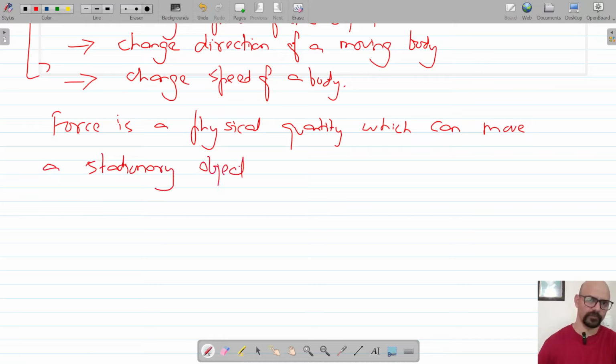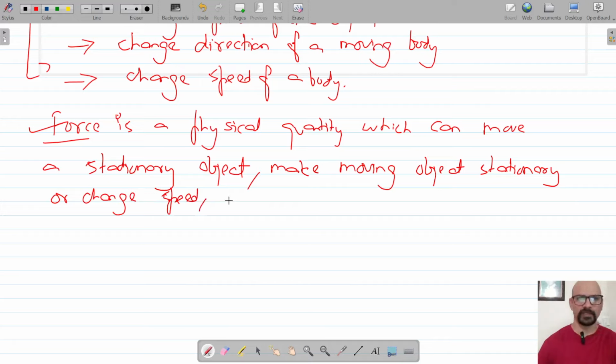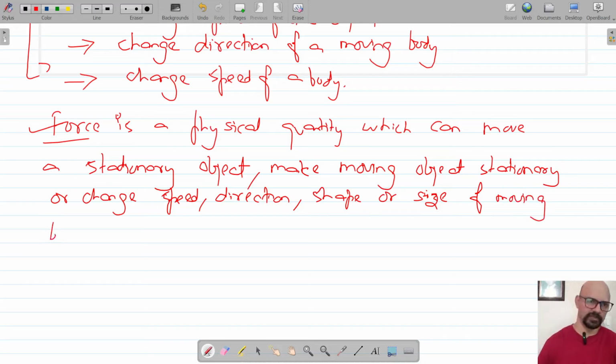Force is a physical quantity which can move a stationary object, or it can stop a moving object, or make a moving object stationary, or it can change the speed, direction, shape, or size of a moving body. So now we have arrived at this definition.